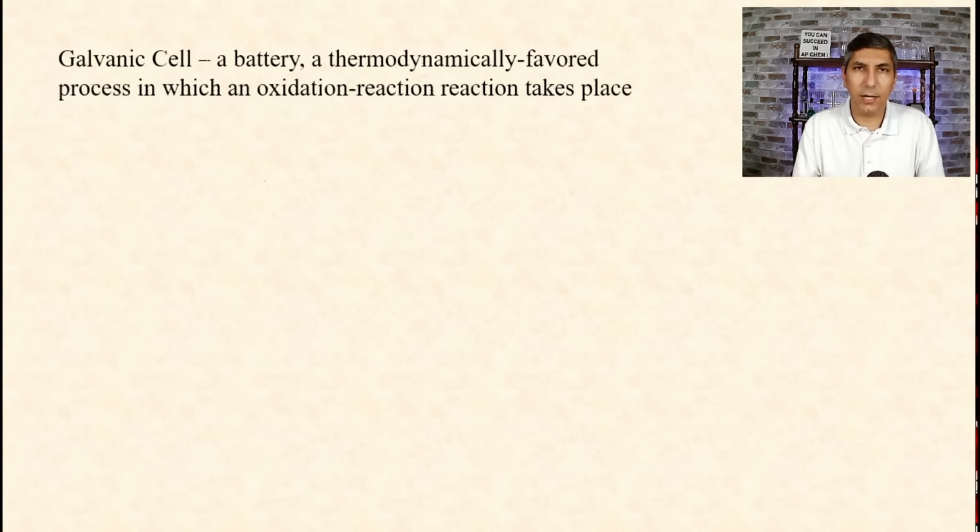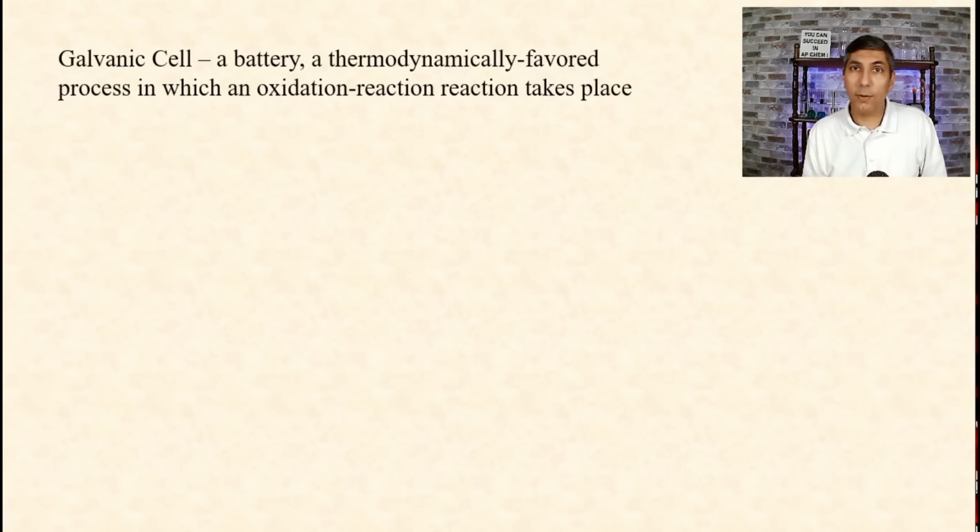Now, the last few parts of Unit 9 have to do with electrochemistry. So let's take a look at a galvanic cell problem here. A galvanic cell, sometimes called a voltaic cell, is basically a battery. It is a thermodynamically favored process where we have essentially an oxidation-reduction reaction, or a redox reaction, taking place.